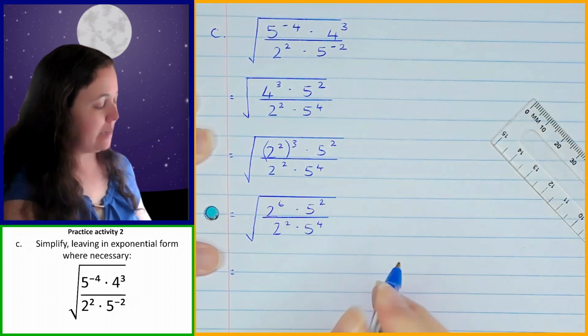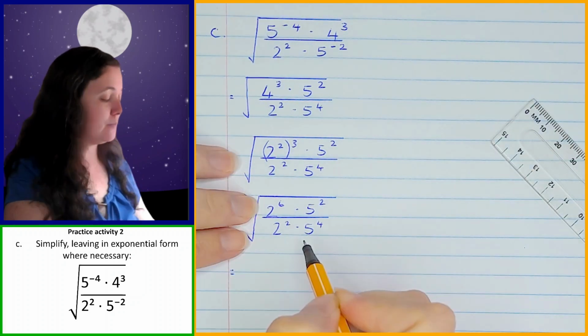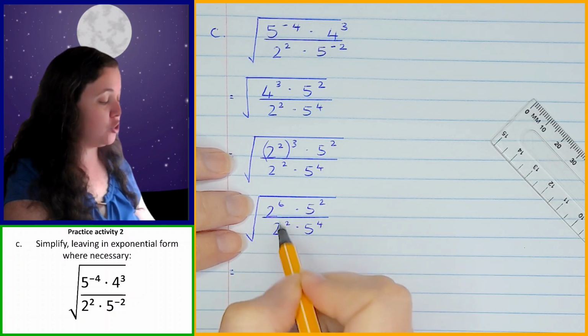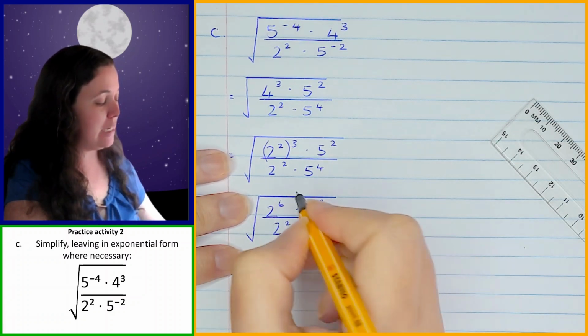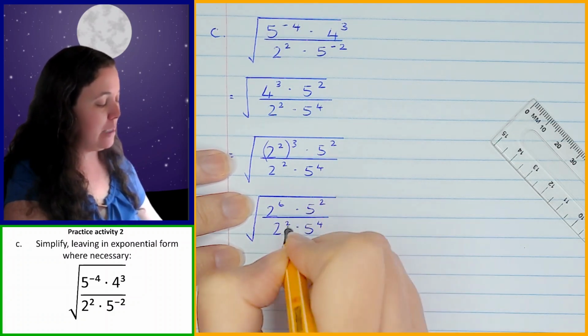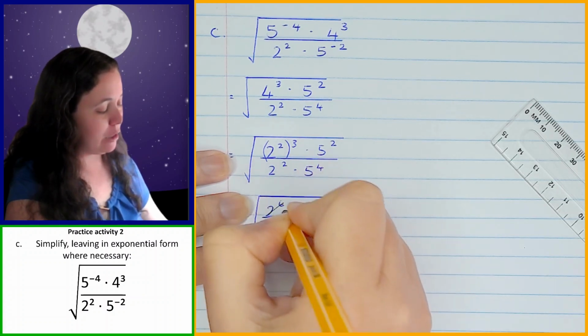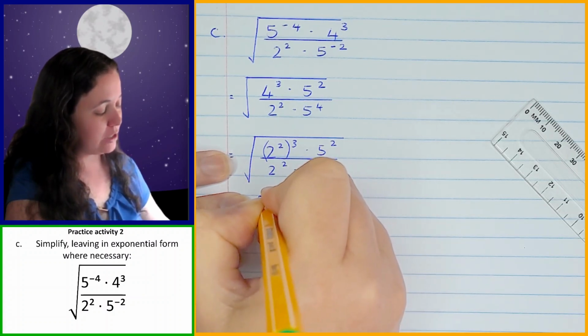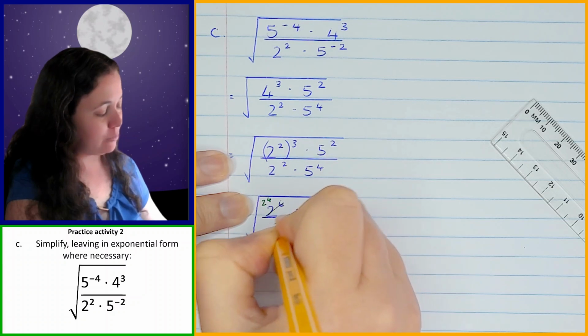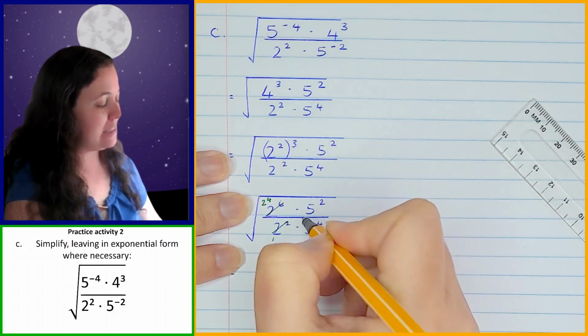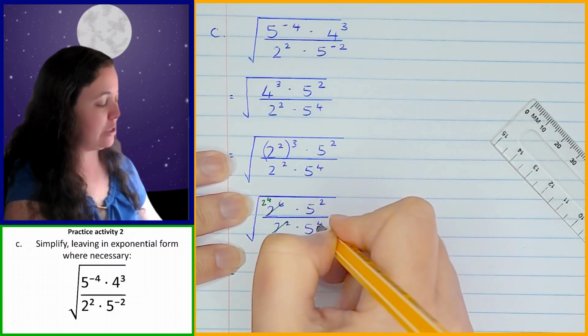And now I'm going to simplify my fraction. So in my fraction, I've got 2's and I've got 5's. So I'm going to simplify my 2's. The higher exponent is at the top. So that's going to be 2 to the power of 6 minus 2, which is 4, at the top. And at the bottom, that's going to cancel out completely. And in my 5's, the higher exponent is at the bottom.